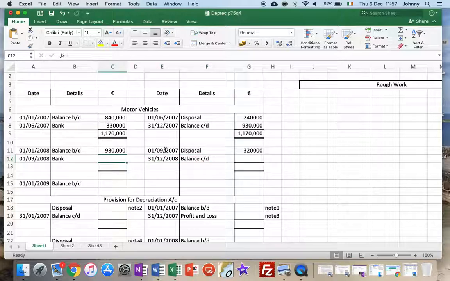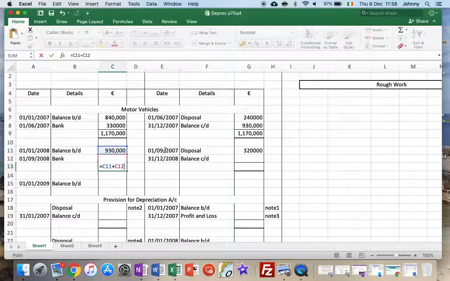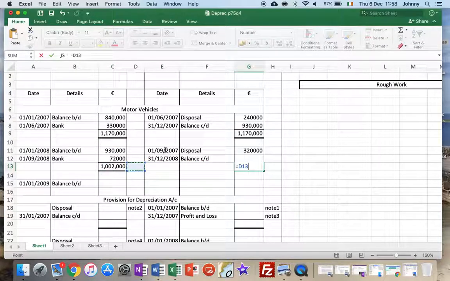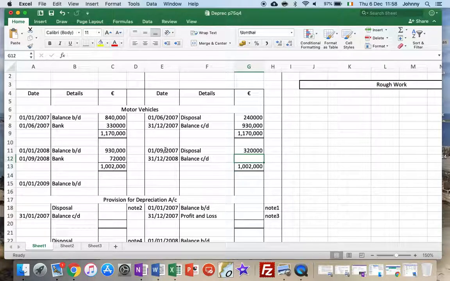That was traded in against a new vehicle costing 72. If I add the opening balance and the new one, that's the total, and my balance CD is going to be the total minus the 320 that I got rid of. So we have a balance CD of 682.